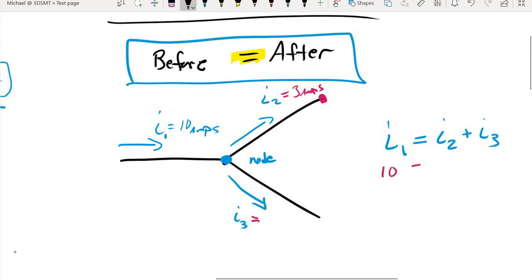For the conservation of current, we have to account for 10 amps on both sides, so current 3 is going to be 7. So, like I said, very simple, very straightforward idea. And this idea is actually used in one of the other videos when we talk about equivalent resistors. We have to account for some of the current that's flowing through those circuits, and so this is where this idea becomes important.